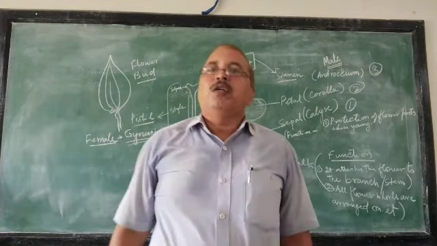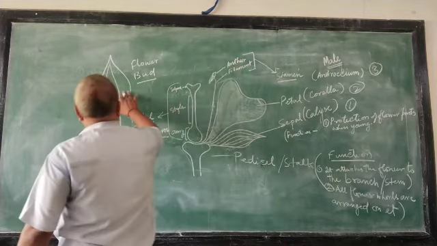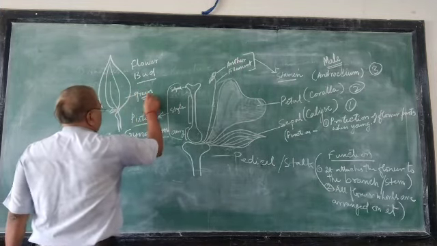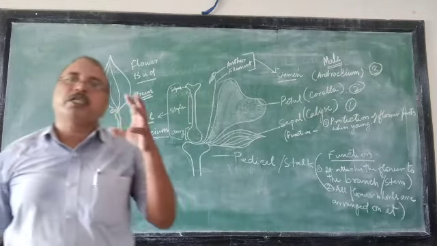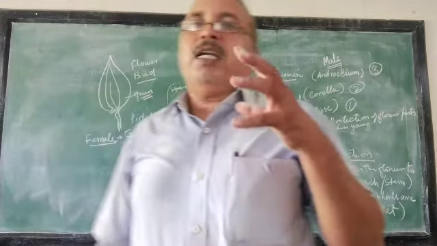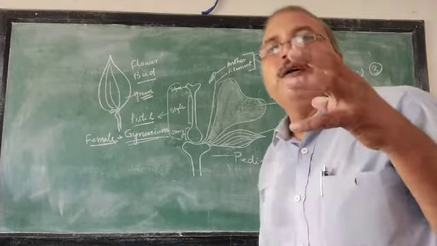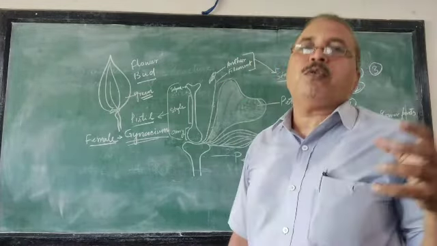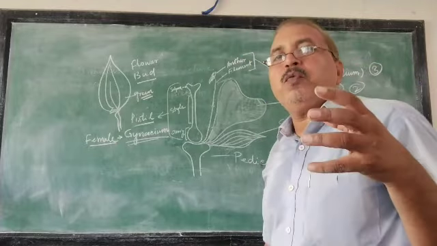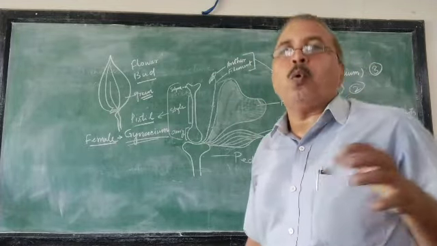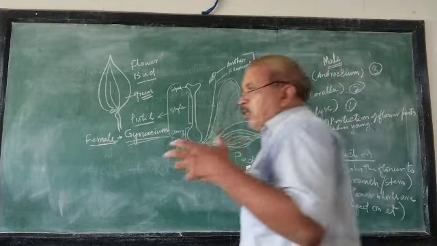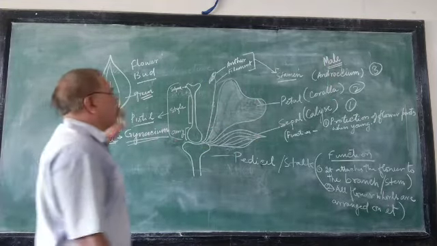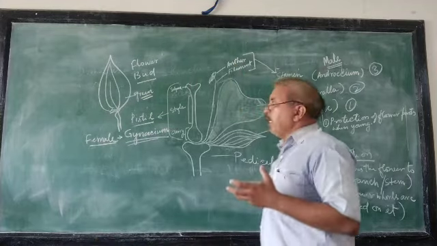Its color is generally green, but necessarily they may not be green. They may be red or pink or purple also in regions where the temperature is very low. In our country, our climate is temperate, so most of them are green, right?